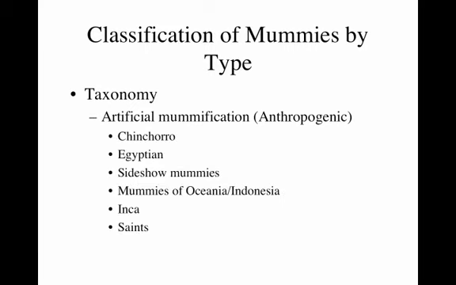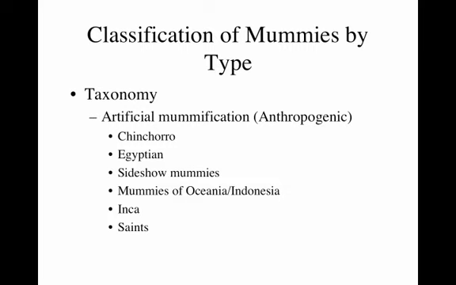First, artificial mummification, anthropogenic. Remember, these are cultures who intentionally altered or treated the body in some way to allow it to resist decay. The Chinchorro, who are an ancient culture that inhabited the Atacama Desert in northern Chile and southern Peru, were the first people on the planet known to produce mummies.